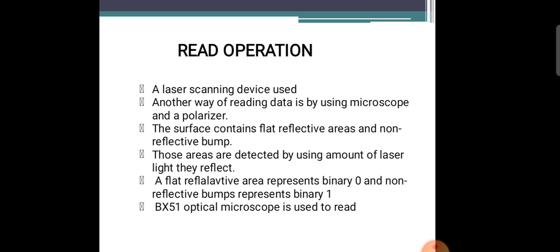Those areas are detected by using the amount of laser light they reflect. A flat reflective area represents binary 0 and reflective bumps represent binary 1. A BX51 optical microscope is used to read.